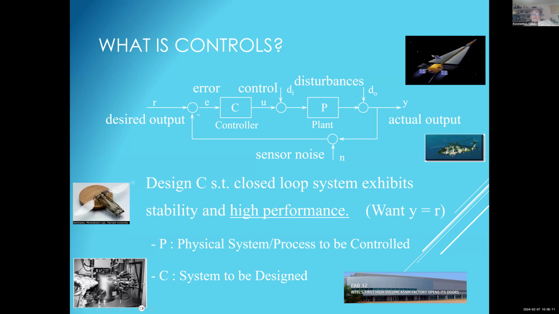Even when we look at reactors, I believe this is a molecular beam epitaxy reactor, or even small drones. You see the ornithopter with the scent. That's an exciting application.